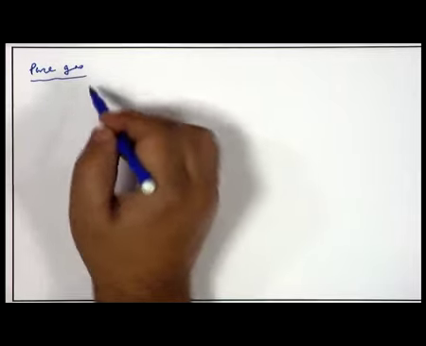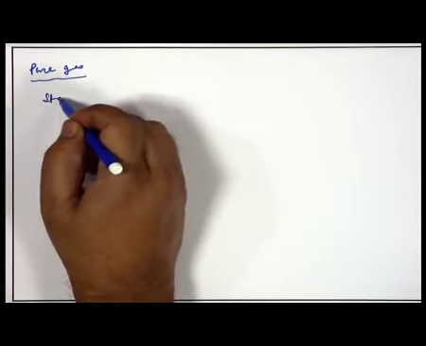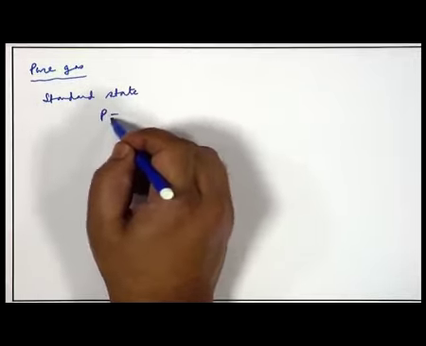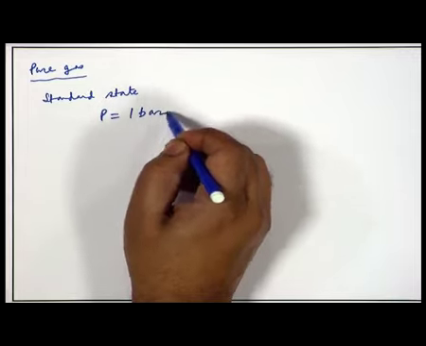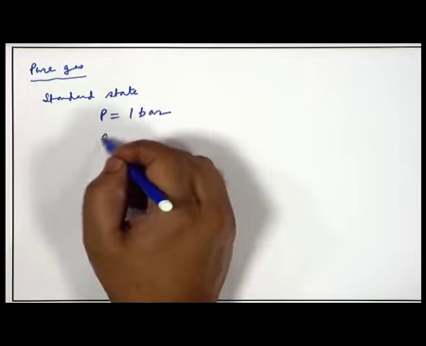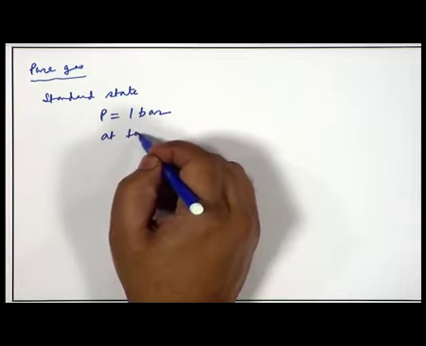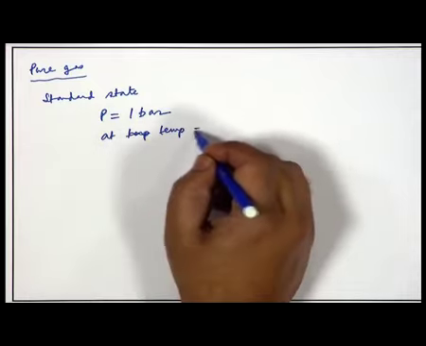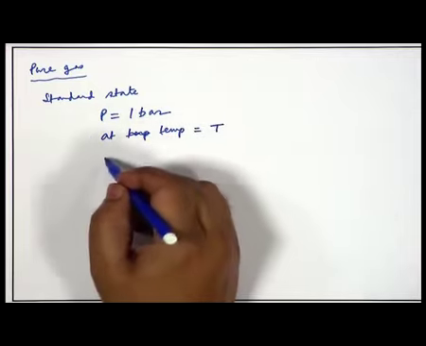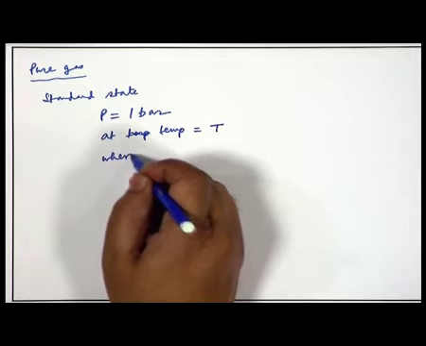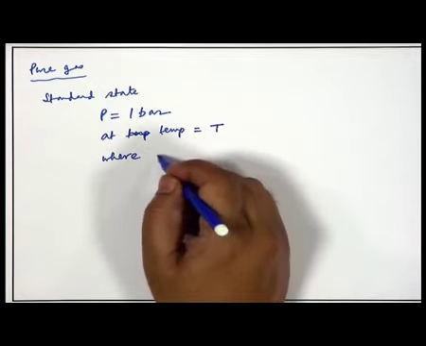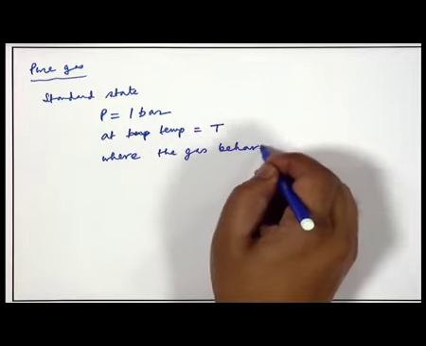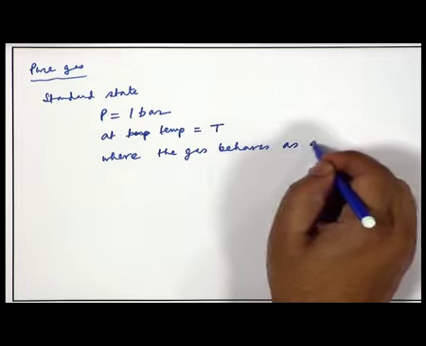Now, pure gas standard state is again P is 1 bar at temperature equal to T, and there is a third condition we are writing, where the gas behaves as an ideal gas.